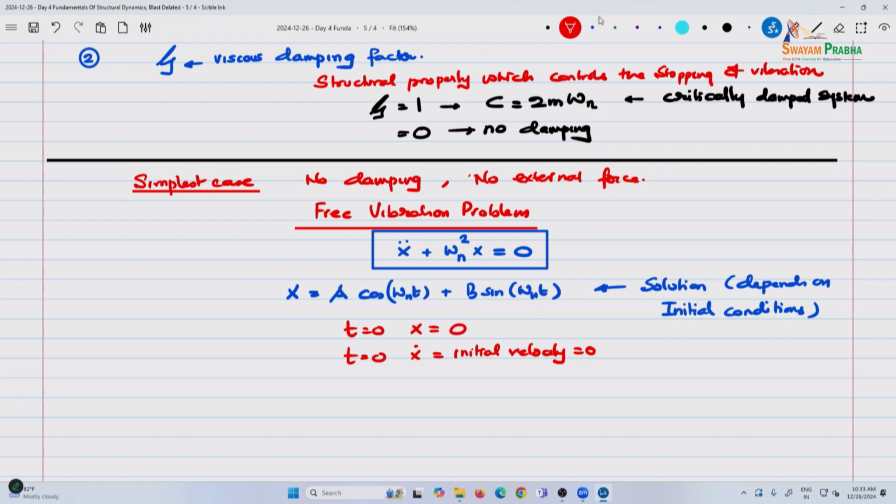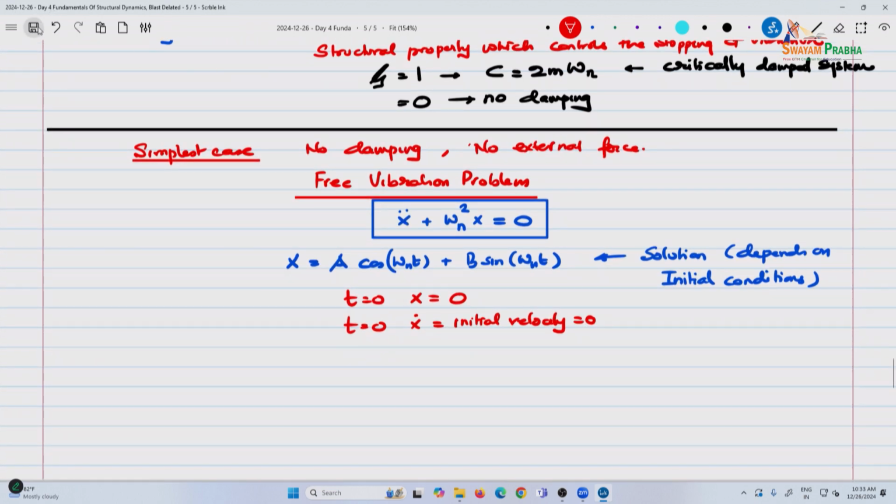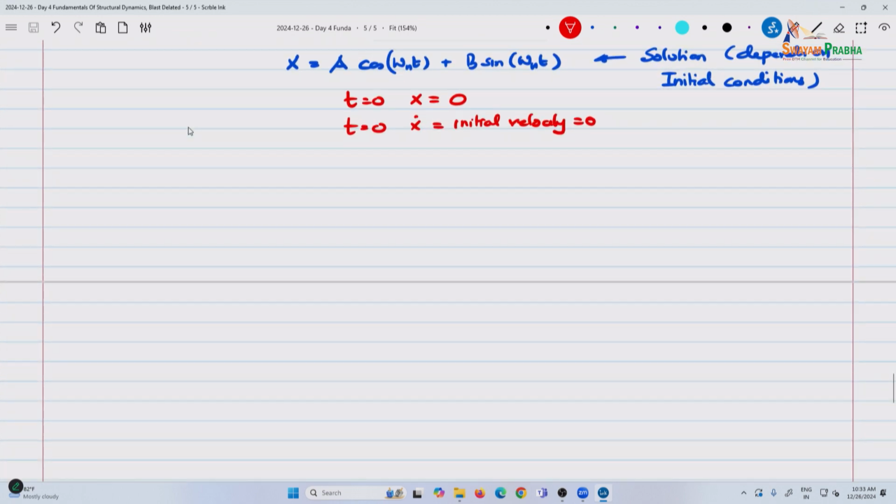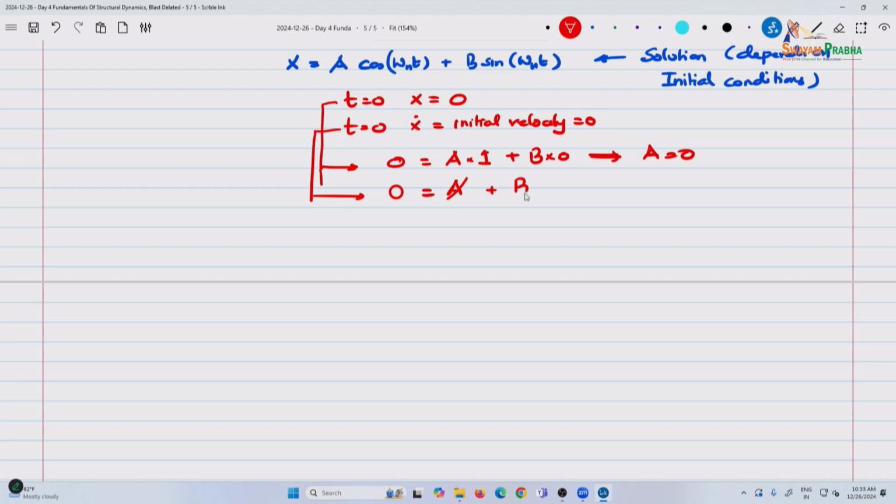And when you apply them, the first condition that you apply, you get 0 equal to a multiplied by 1 plus b times 0. So, this gives you a equal to 0, and the second condition you apply, you get 0 is equal to a, which was 0 anyway, plus b.